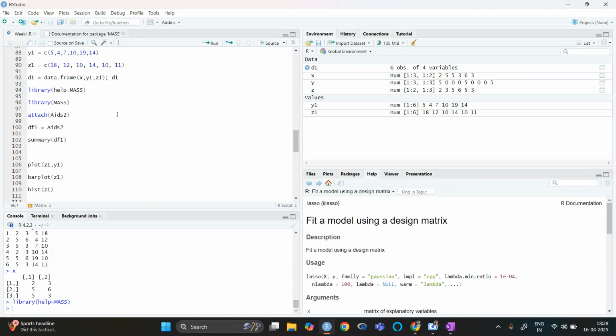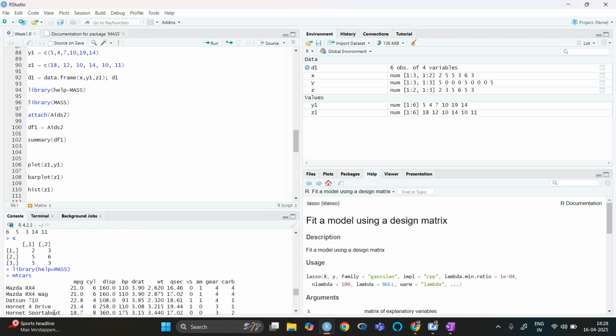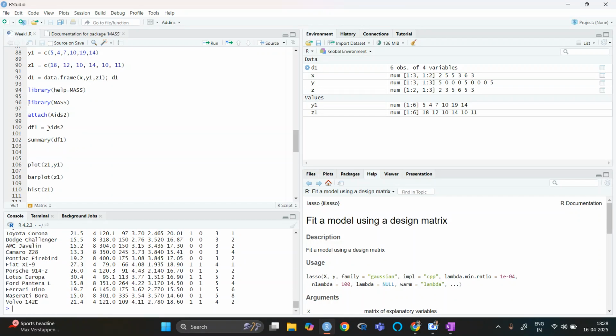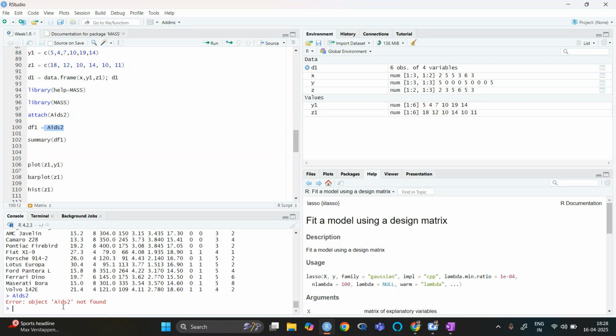Depending on the data set, some are just there, so you do not need a library for them. If I write, let's say, mtcars, you have this data set directly. But for a data set, let's say h2, it shows that object h2 is not found, because for some data sets you need to first load the library.